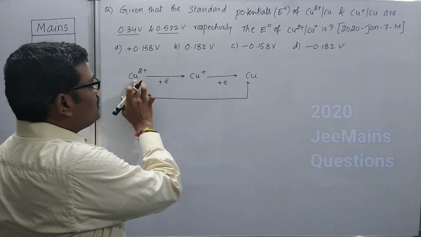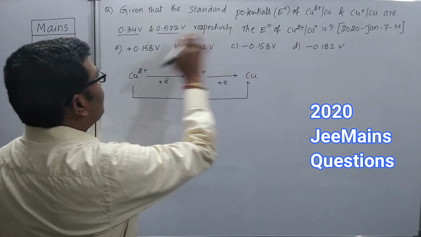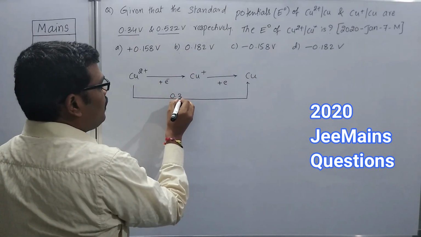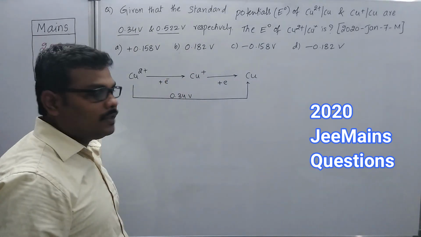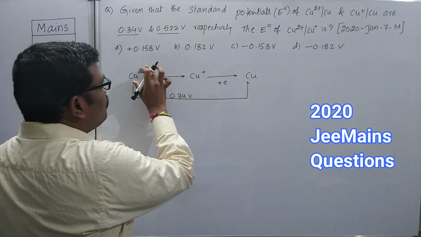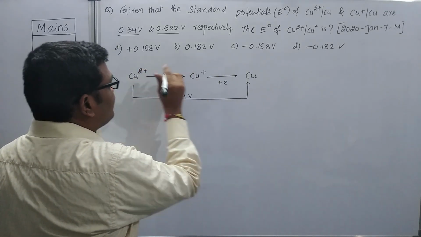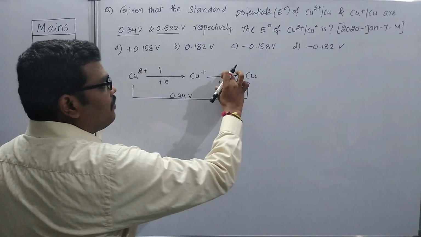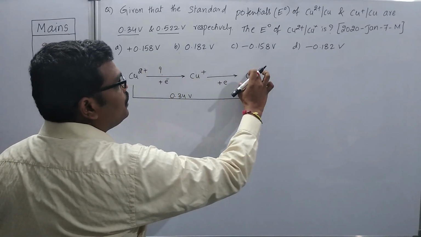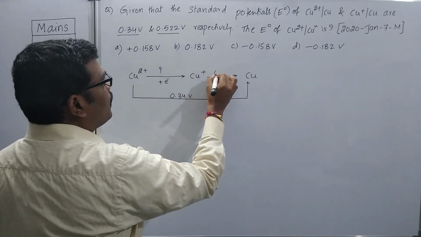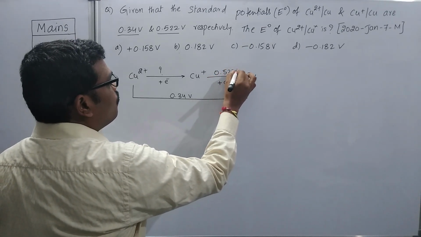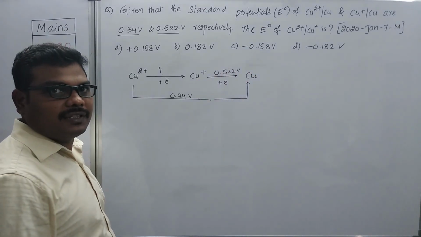Here the electrode potential of Cu2+/Cu is 0.34 volts, and Cu2+/Cu+ is what is required. We have Cu+/Cu as 0.522 volts. How to solve this problem, we'll see.